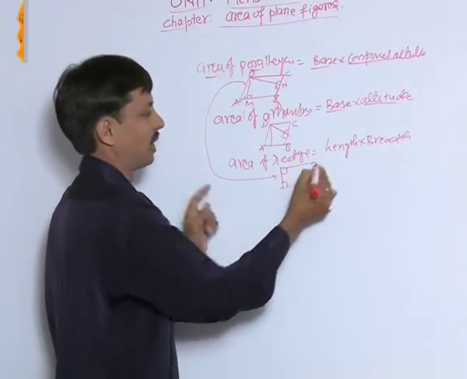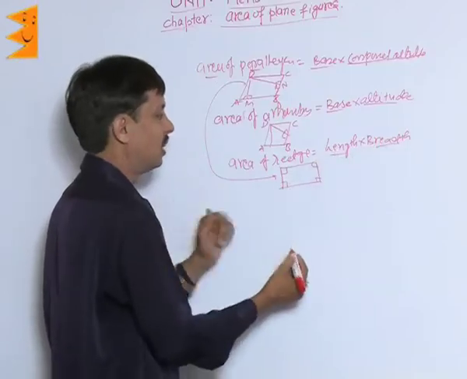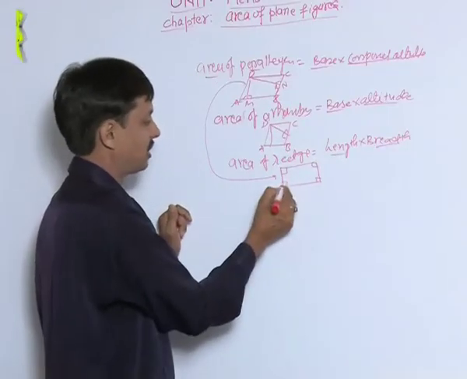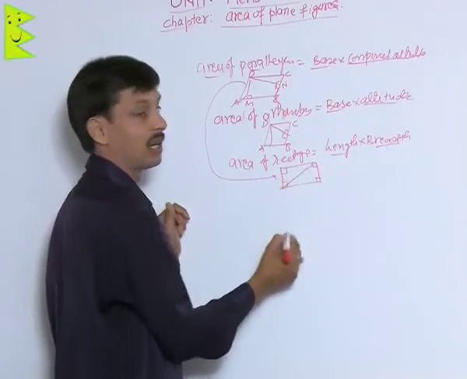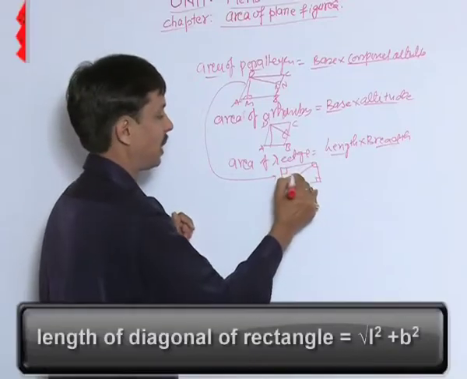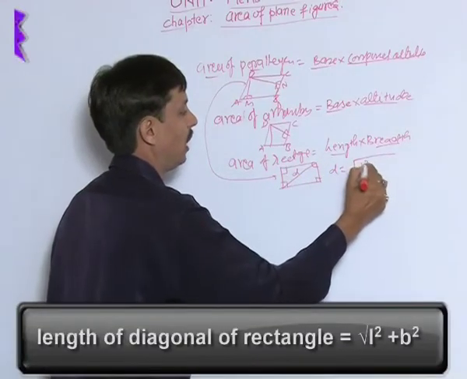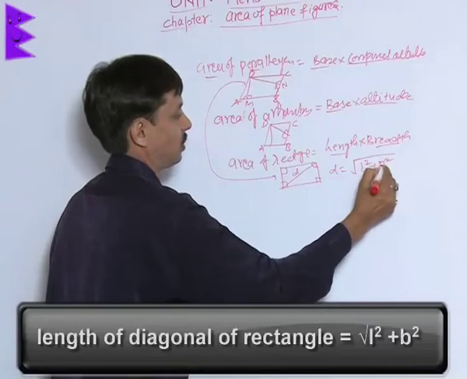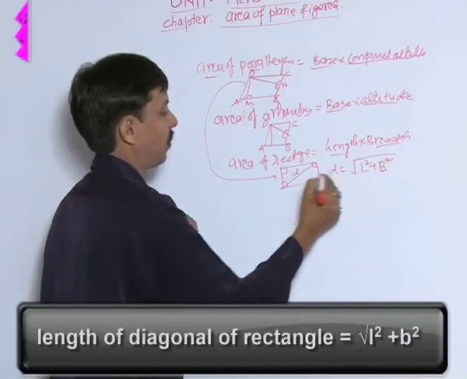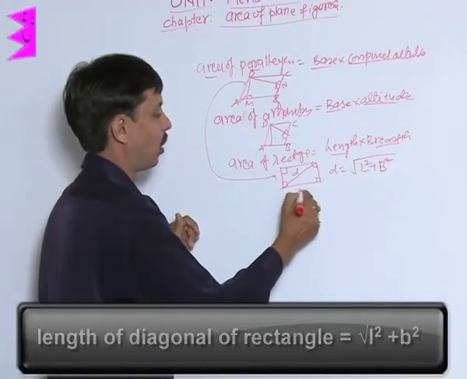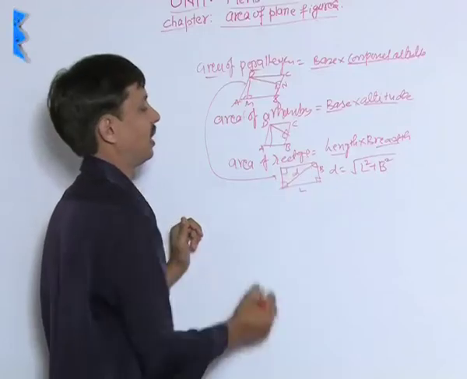This is the definition of a rectangle, and length into breadth is its area. If somebody asks for the length of the diagonal, we write diagonal is equal to root of length square plus breadth square. We can use this formula for finding the length of the diagonal of any rectangle.